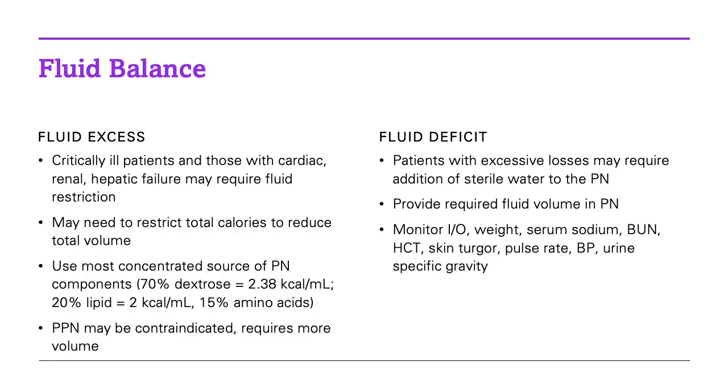For patients that are at a fluid deficit, so those could be patients that have excessive losses, they may require the addition of sterile water to the PN. We want to make sure that we're providing the required fluid volume in the PN whenever we're able to. And then we want to monitor those ins and outs, weight, serum sodium, their BUN, hematocrit, skin turgor, pulse rate, BP, urine specific gravity.